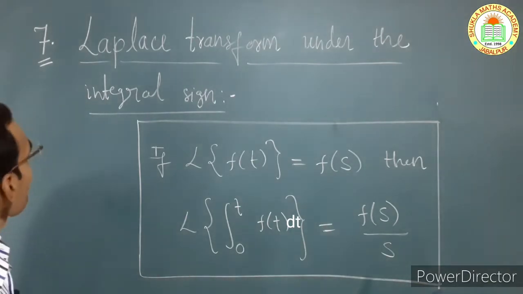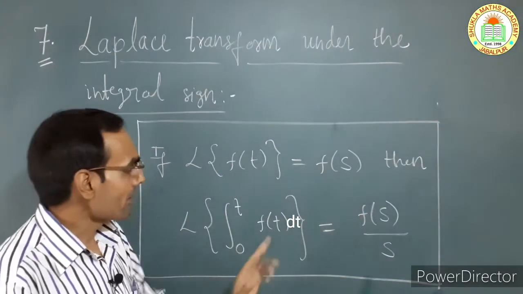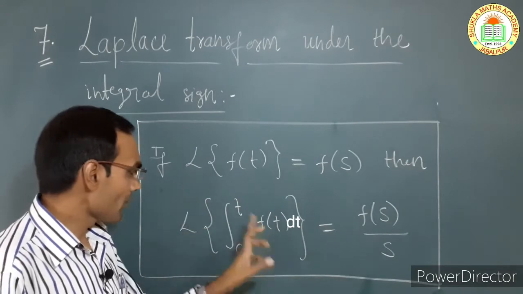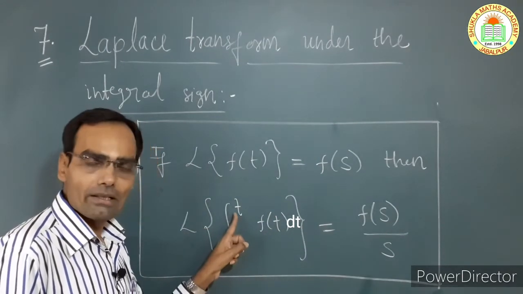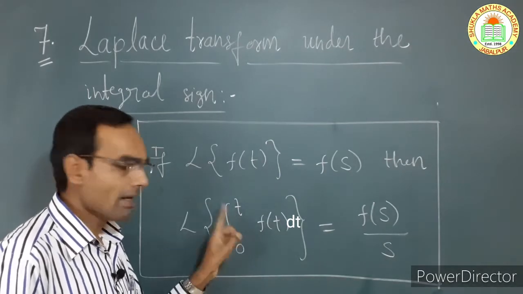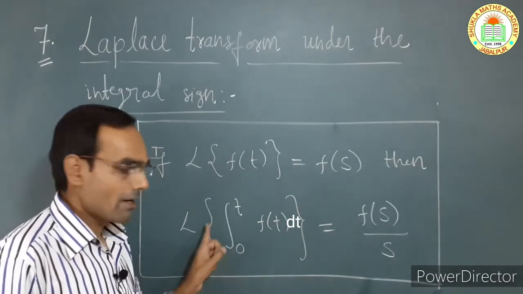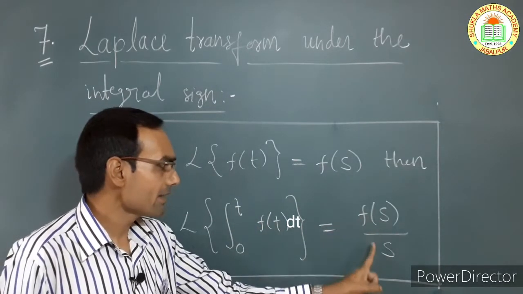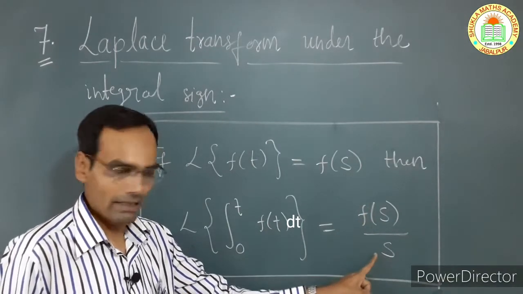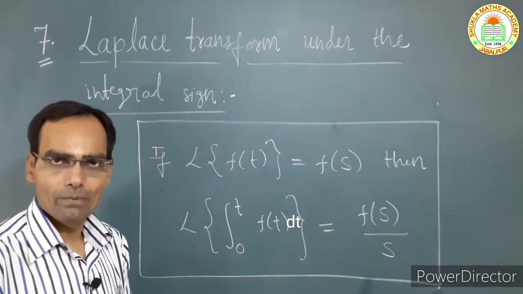Now see here, if the Laplace transform of f(t) is F(s), then the Laplace transform of the integral from 0 to t of f(t) is F(s) divided by s.